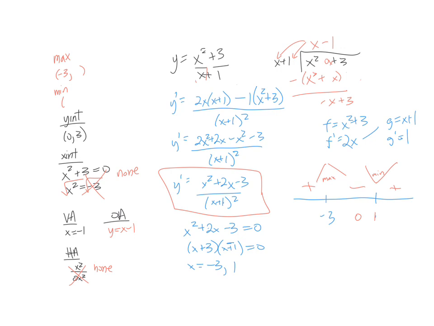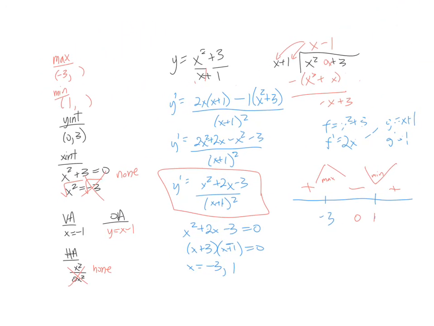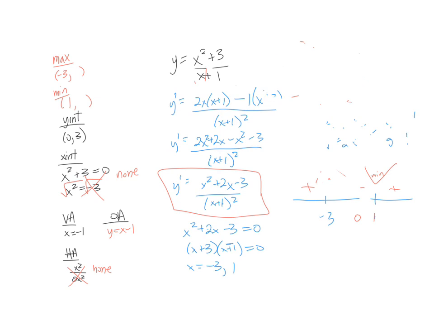So all we've got left to do is figure out those y coordinates, and we're done. So for our y coordinates, we're going to go back, let me clear off the screen here a little bit. We're going to go back to our original equation. So we're going to take those max and min numbers and put them into our original equation and see what happens.